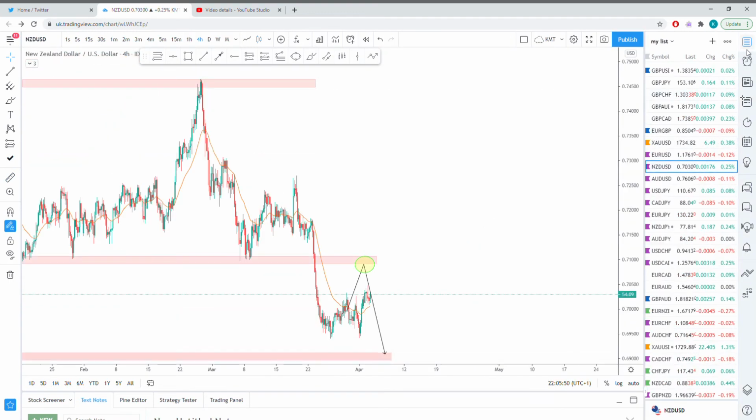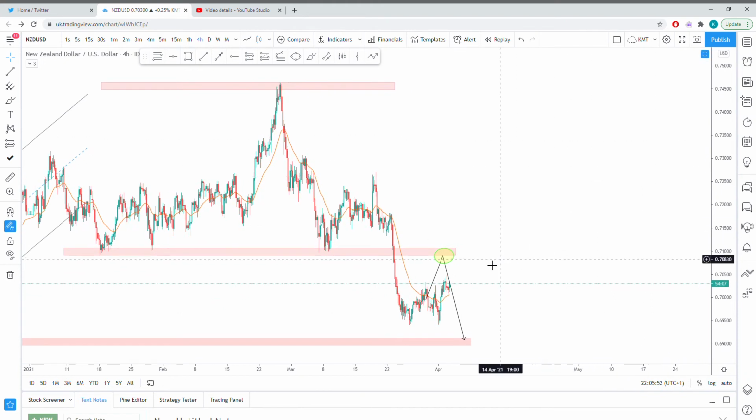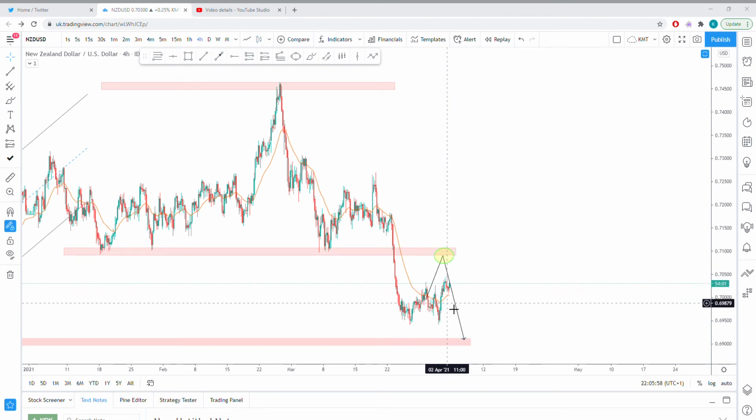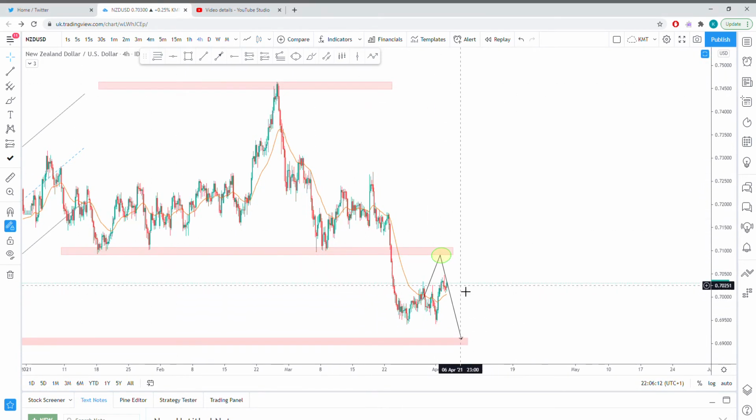Moving on to NZD USD. As you can see, price is stepping up. Again, we are waiting for price to fulfill some sort of retracement, because as we can see here, we've had the last 2 weeks of strong sell-off momentum. So it's clear that we are in a bearish pressure market, and ideally we're looking for that higher time frame sell opportunity.